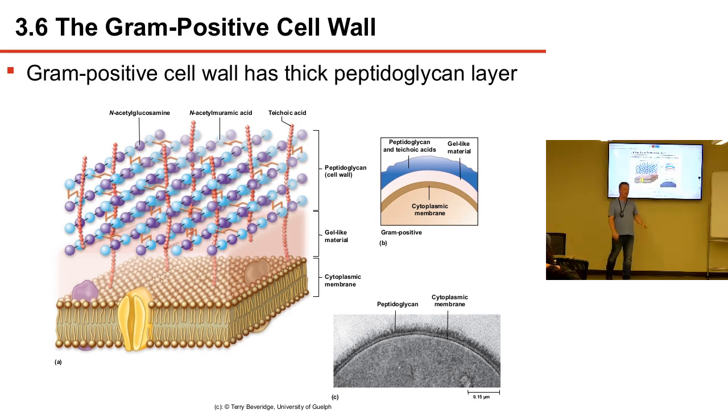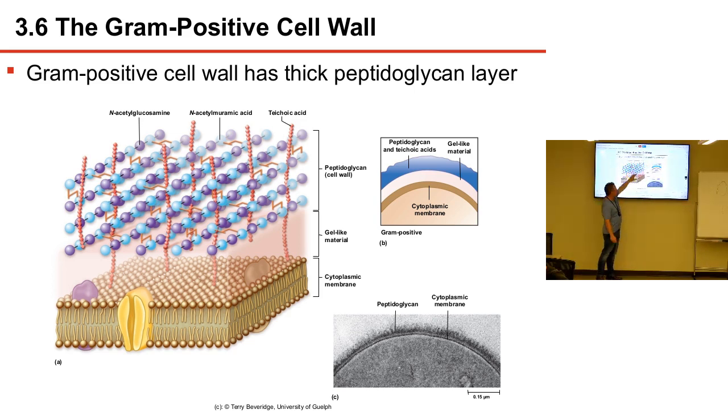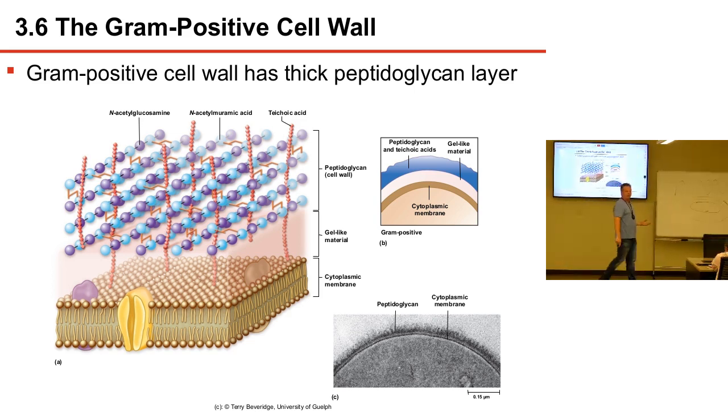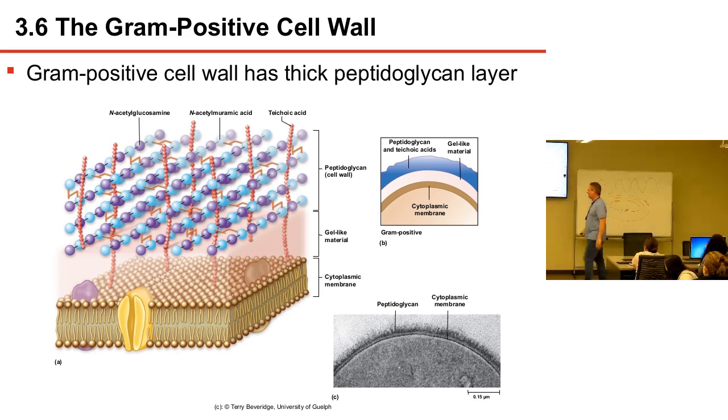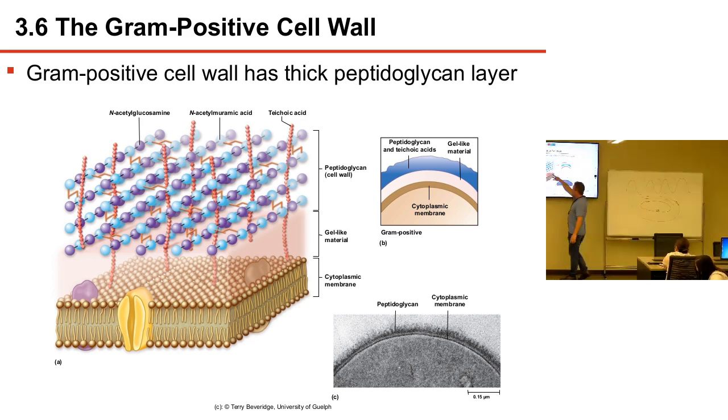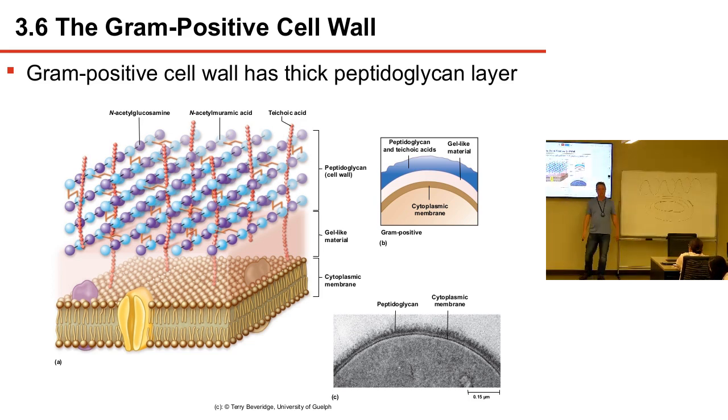Those are what's actually anchoring the cell wall to the phospholipid bilayer. See how it goes all the way through and attaches to the phospholipid bilayer? That would be a gram-positive. Gram-positives are pretty straightforward. They just have that peptidoglycan layer attaching it all together, with the teichoic acids holding it to the actual phospholipid bilayer.